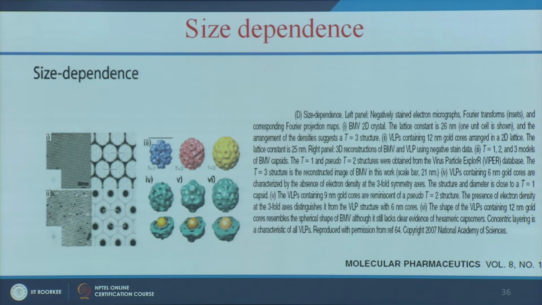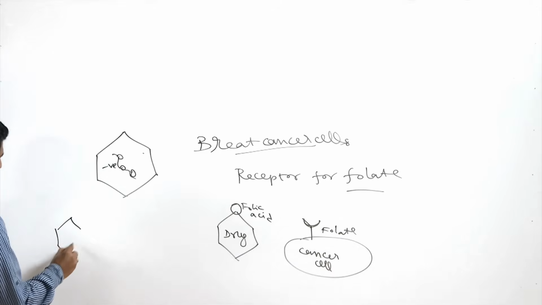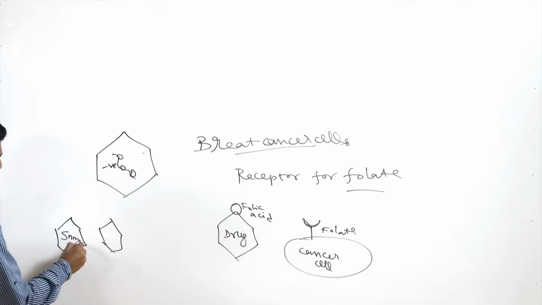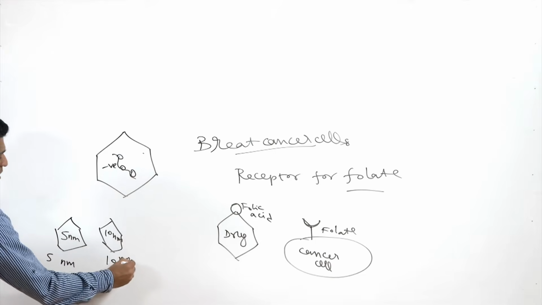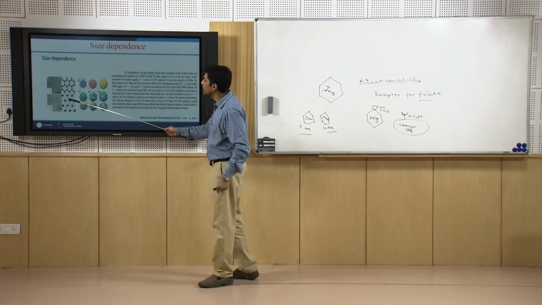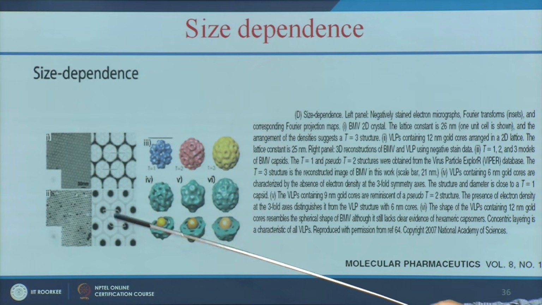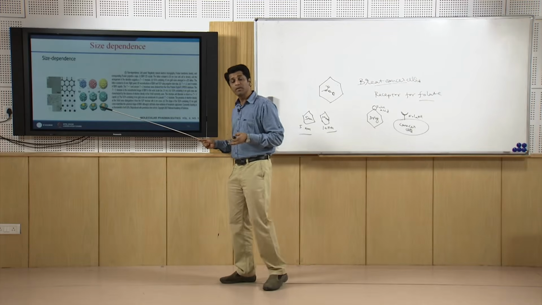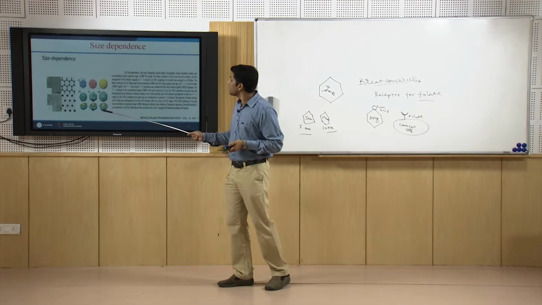For example, you have 2 or 3 types of plant virus. One is 5 nanometer size, another one is 10 nanometer size. So when you synthesize nanoparticles using these viruses, it can make 5 nanometer particles and it can make 10 nanometer particles. Here you can see all the virus particles are a very uniform size. So you can make uniform size particles, and at the same time it acts like a size constrained vessel to make small size nanoparticles.